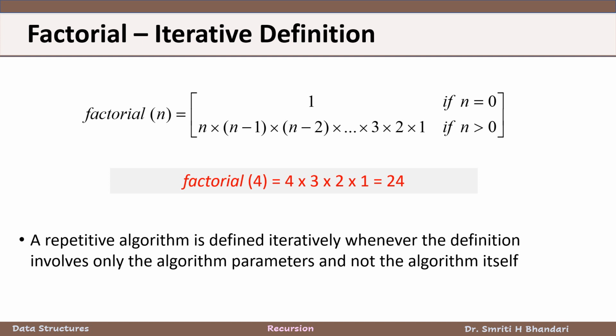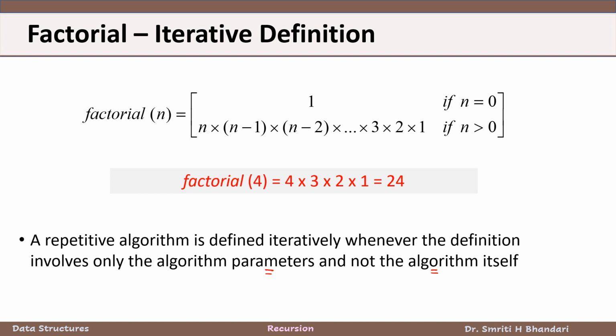Factorial of n is given as 1 if n is 0. If n is greater than 0, then it is n into n minus 1 into n minus 2, and so on up to 1, right? That is why we said that a repetitive algorithm is defined iteratively whenever the definition involves only the algorithm parameters and not the algorithm itself.